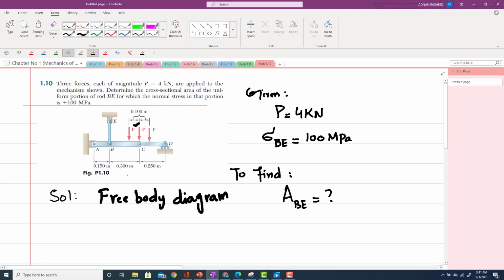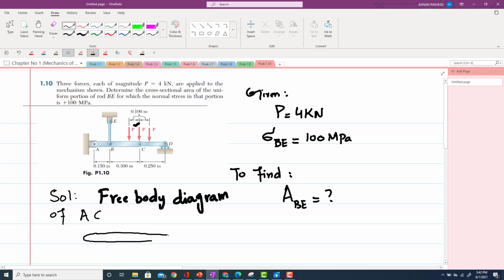For free body diagram, we can split this mechanism into two portions. The first portion is like that, and the second portion is like that. So first portion is a free body diagram of this AC.